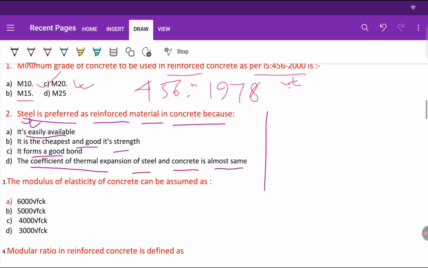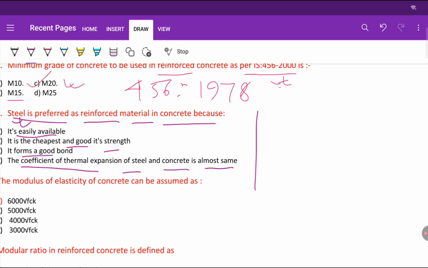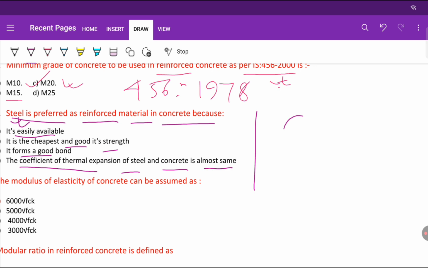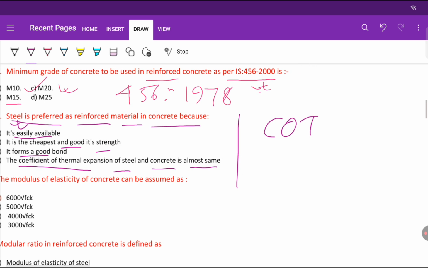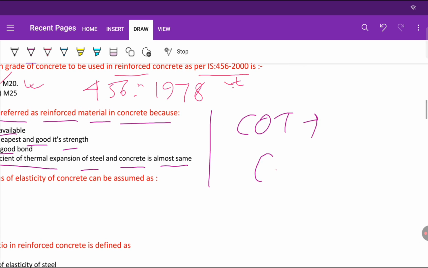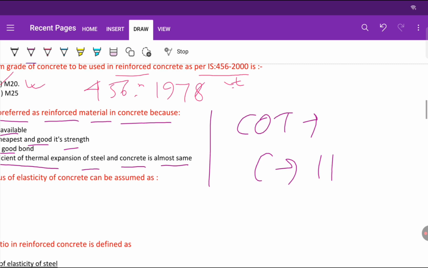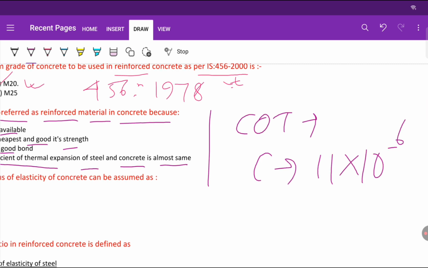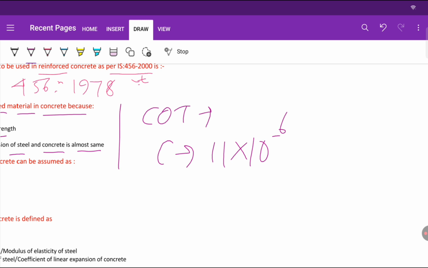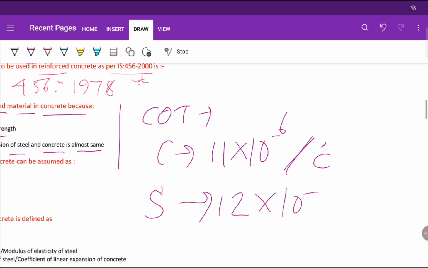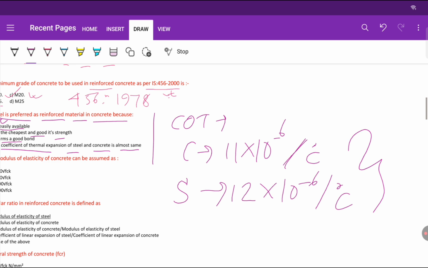First of all, the coefficient of thermal expansion of steel and concrete is the same. For steel it is 11 into 10 raised to the power minus 6 per degree Celsius, and for concrete 12 into 10 raised to the power minus 6 per degree Celsius. So see, this is nearly equal, nearly the same.